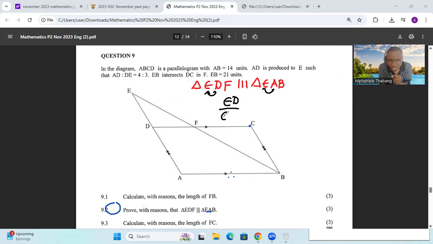I'll say EA equals, now here I'm picking DF. So I will say DF. Now I'm picking AB. DF over AB equals, now I'm picking EF, EF over, now I'm picking EB.